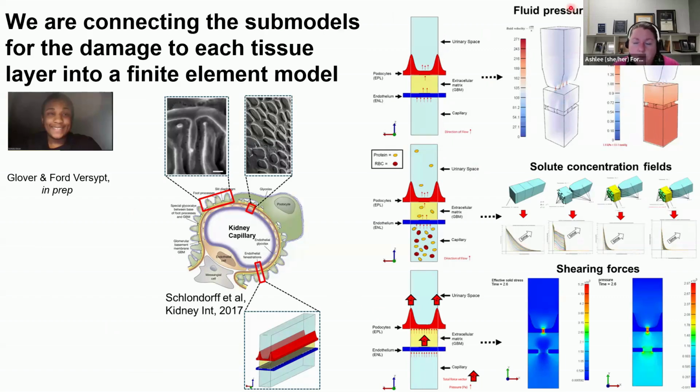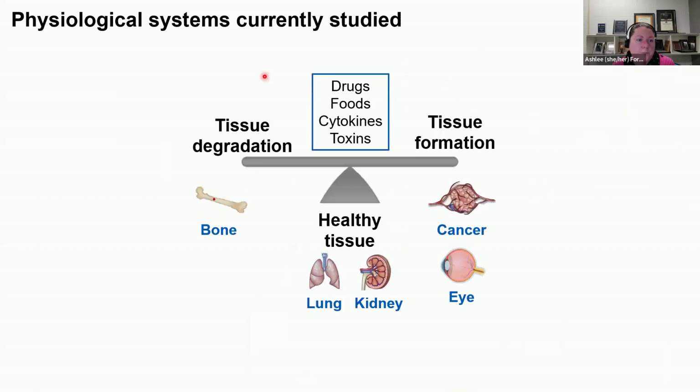So we can couple fluid pressure, force balances, we can couple mass transport, and then put in the reaction rules from our other models into the health or dysfunction of different podocytes or endothelial cells or the matrix, and change material properties and see how that influences the protein excretion. So we're working on putting these together, but that's toward the end goal here.